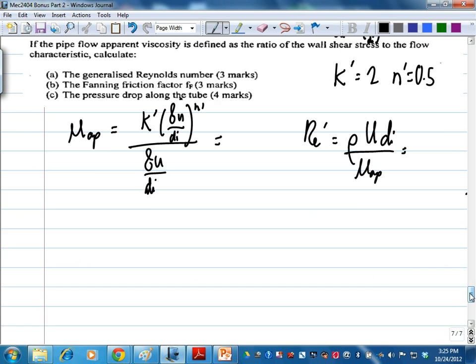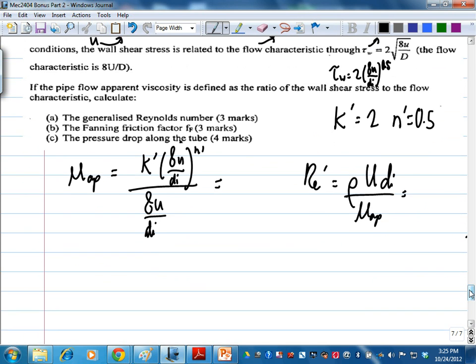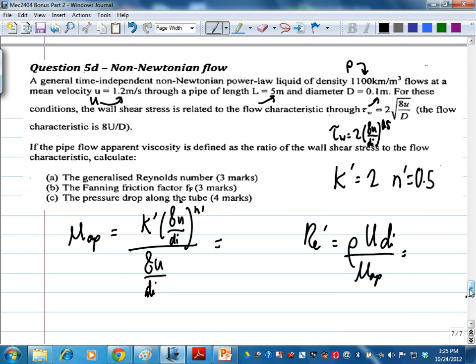K prime and N prime get from here, 2 times this one to the power half. Alright? F fanning equals to 16 over RE prime if RE prime is less than 2200. I have a feeling this question is less than that, but I didn't see any chart.